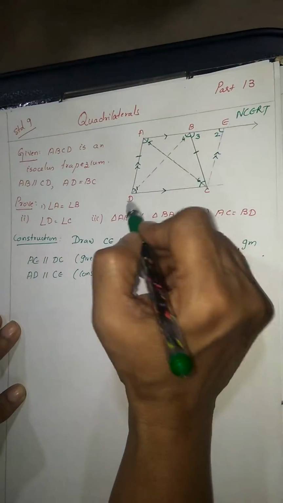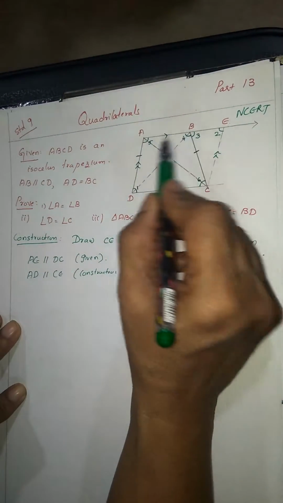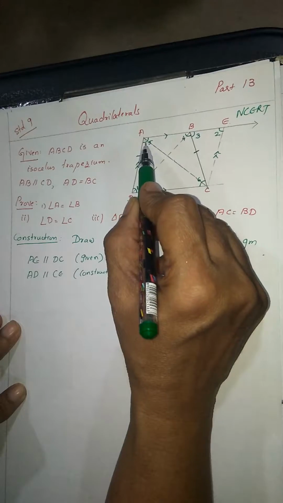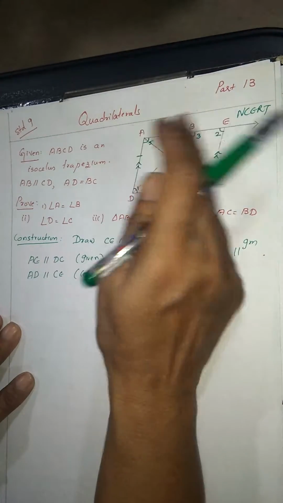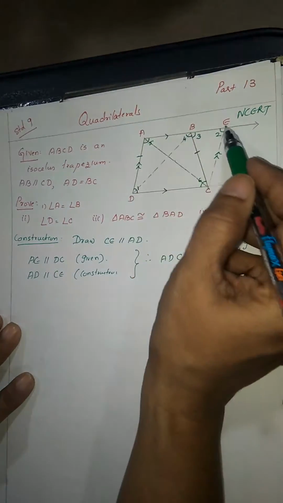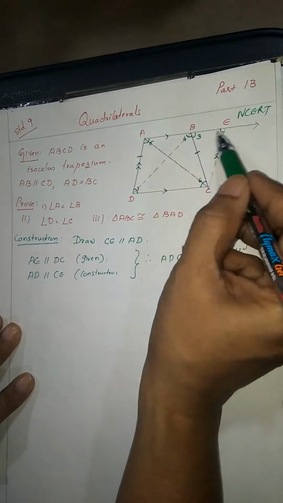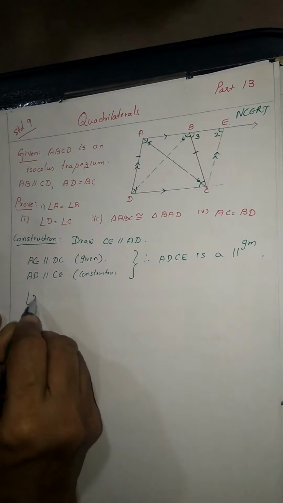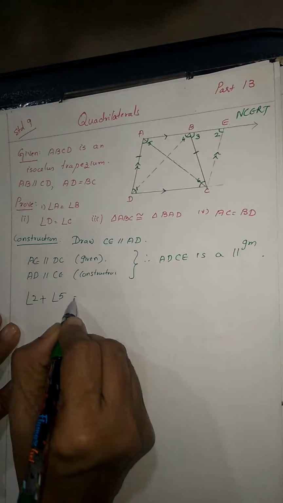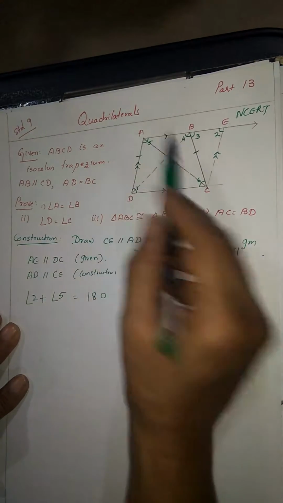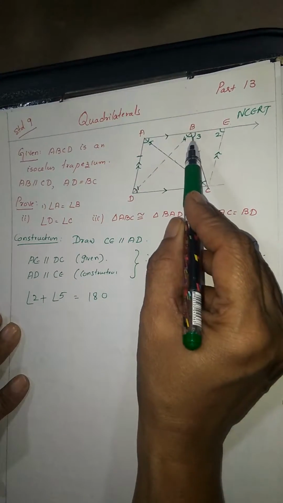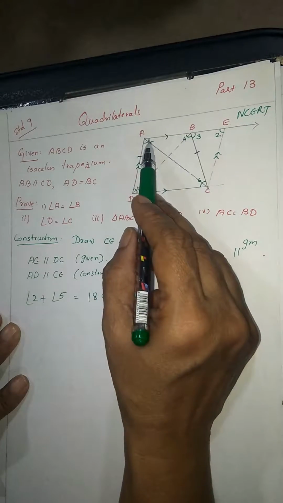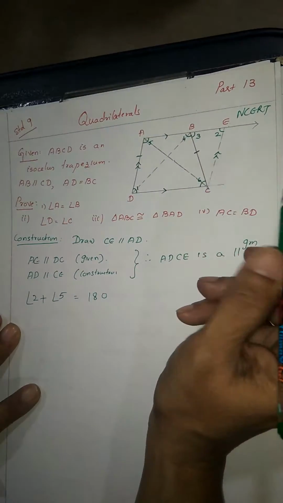Now since this is a parallelogram, these two angles are supplementary. Adjacent angles in a parallelogram are supplementary. Otherwise AD is parallel to CE and these form co-interior angles. So angle 2 plus angle 5 is equal to 180. We name these angles as 1, 2, 3, 4, 5 and 6.